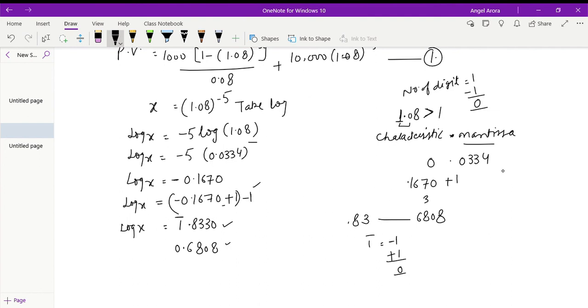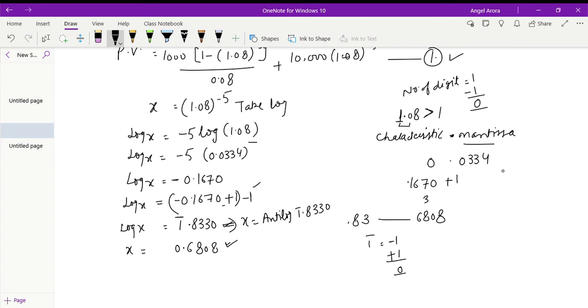So x will be 0.6808. So log x is this value. We know that if log of x is this value, then x will be anti-log of this value. I should have mentioned it first. So anti-log of 1 bar 0.8330 is 0.6808. Now we put this value in our equation number 1.